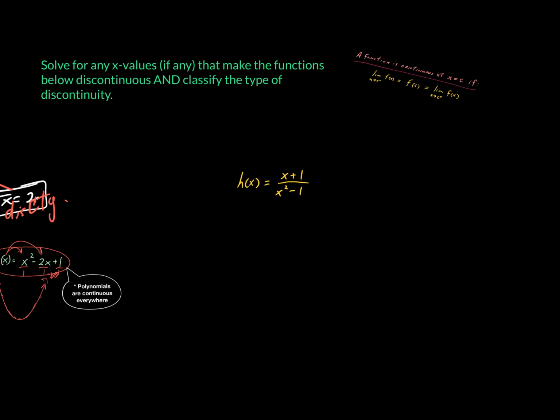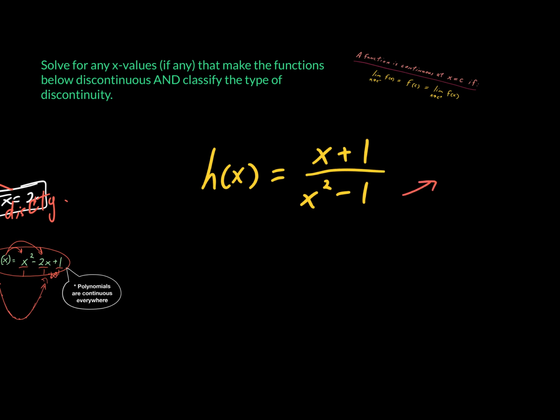Last but not least, h of x. At first glance, you might say, well, 1's a problem. Well, is it only 1? We can't have x squared minus 1 equaling 0, right?